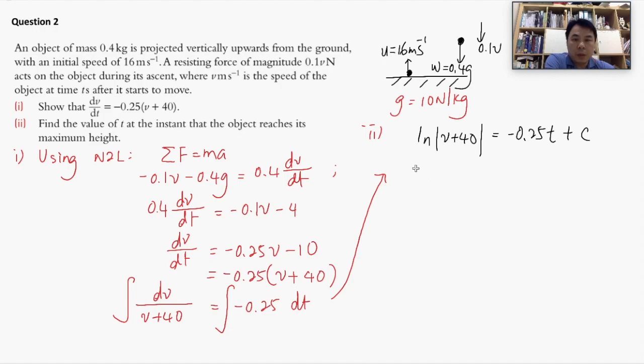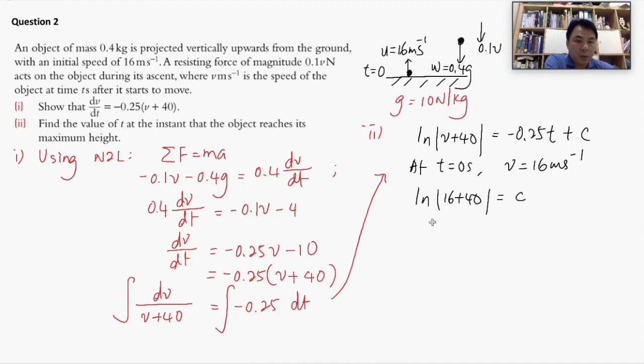Now based on the diagram, at t equal to 0 second, the velocity is equal to 16 meter per second. So we're going to substitute this into this equation. That would yield ln of 16 plus 40 equal to 0 plus c, so therefore c is equal to this.